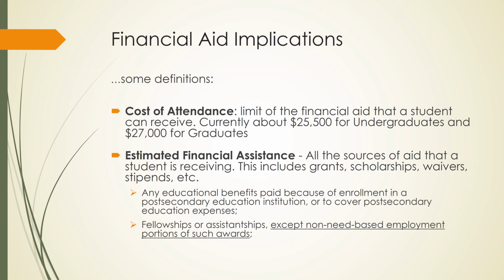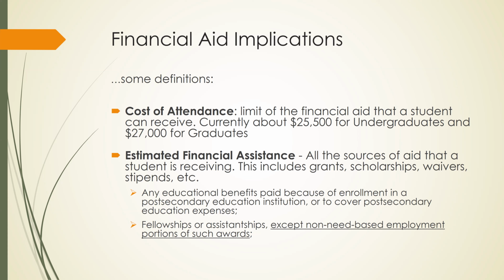And then in comparison, the estimated financial assistance to a student are all the sources of aid taken together that a student is receiving. That includes grants, scholarships, waivers, stipends, etc. So any educational benefits that are paid because of enrollment in a post-secondary educational institution, i.e. a university, or to cover their post-secondary education expenses is included in these kinds of cost calculations.